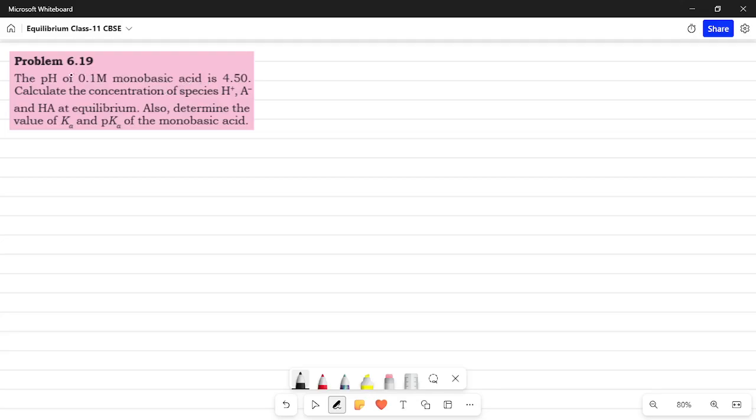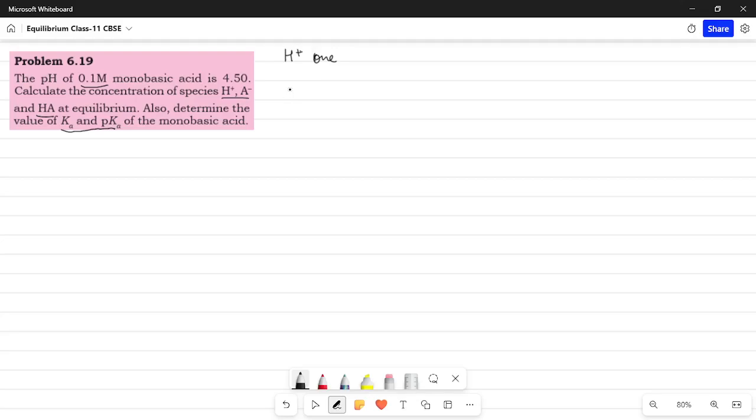In this question, the pH of the 0.1 molar monobasic acid is 4.50. Calculate the concentration of these different species at equilibrium. Also determine the value of Ka and pKa of the monobasic acid. The word monobasic acid means that it can give us only one H plus ion.